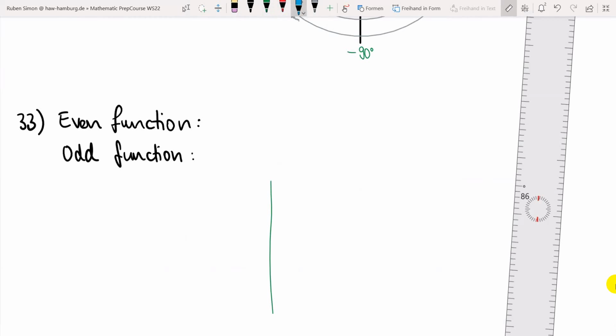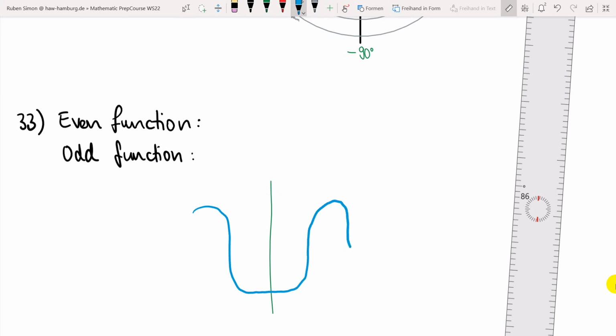It does not need to be the y-axis of the coordinate system, but if there is some vertical symmetry axis to a function, so it could look like this.